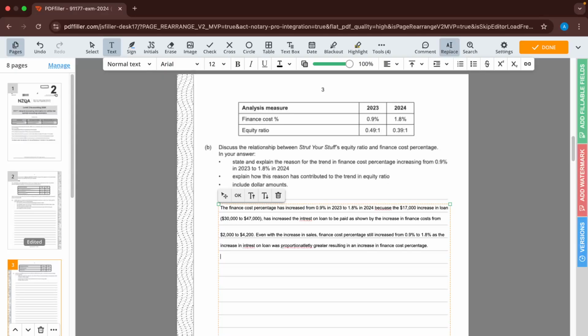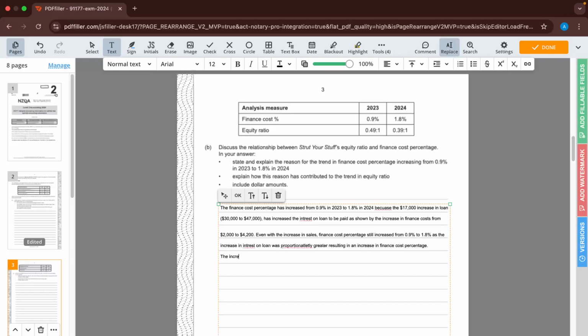So obviously there was a large decrease. The reason for that decrease is because they took out that $17,000 loan. That also led to the increase in finance cost percentage. So that's what they're looking for here for this next part. Sorry about that, confusing you guys there.